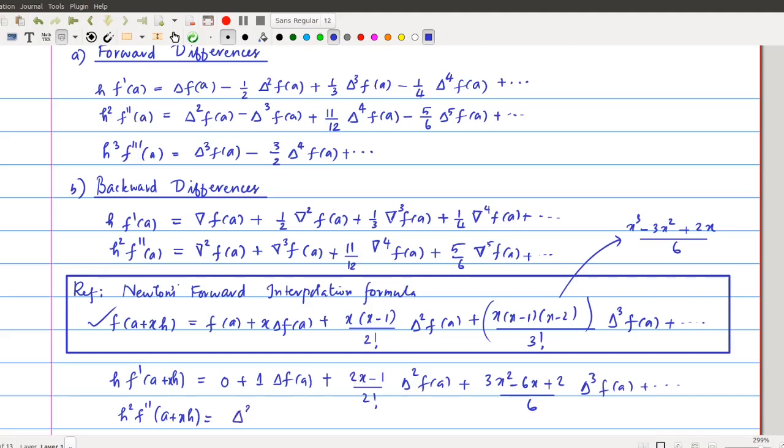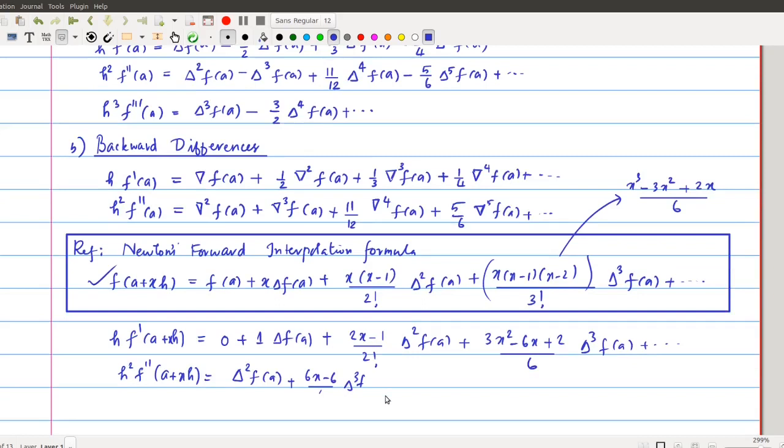You can differentiate this again, that will give 6x minus 6 divided by 6 del cube f of a, and so on, plus etc. So similarly you can find the third derivative, fourth derivative, etc.